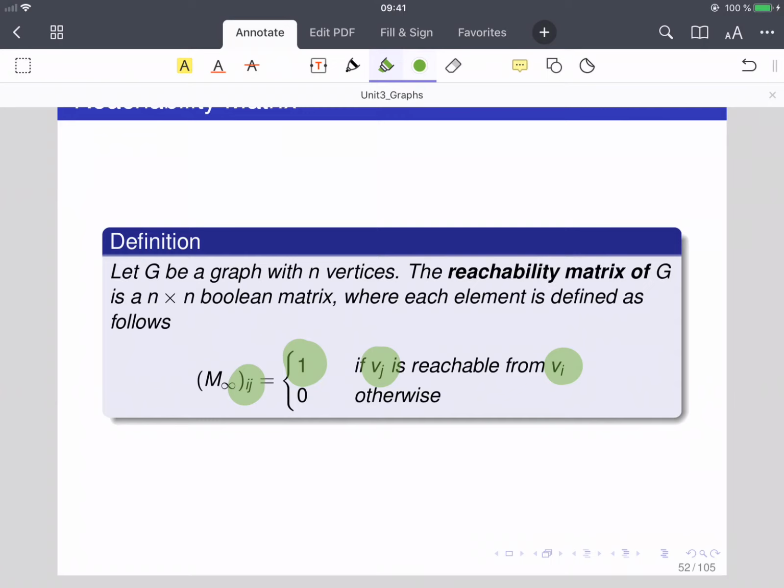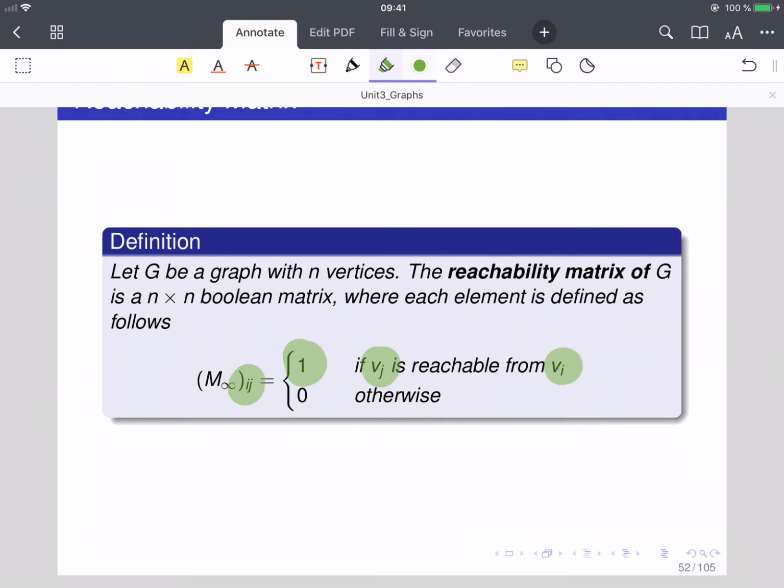So why is this matrix important to us? If this matrix has no zeros, then the graph is connected, or strongly connected in the case of directed graphs. This is clear because in a connected or strongly connected graph, every vertex is reachable from each other, so in this reachability matrix all the positions must be 1.